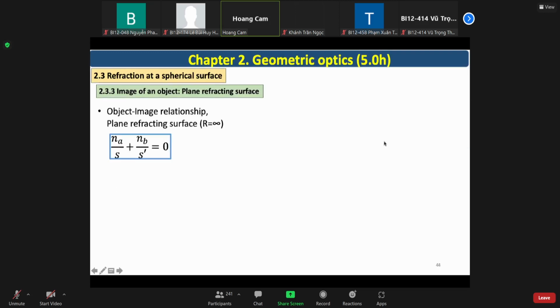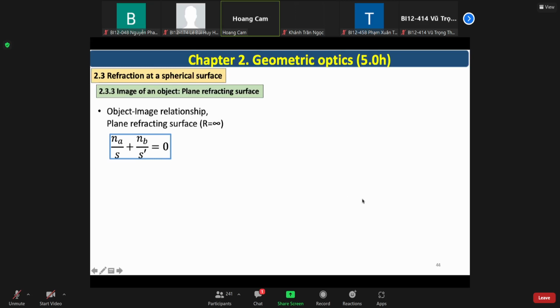So you got NA over S plus NB over S prime equals NB minus NA divided by R. Sometimes I use the parentheses, sometimes I don't.